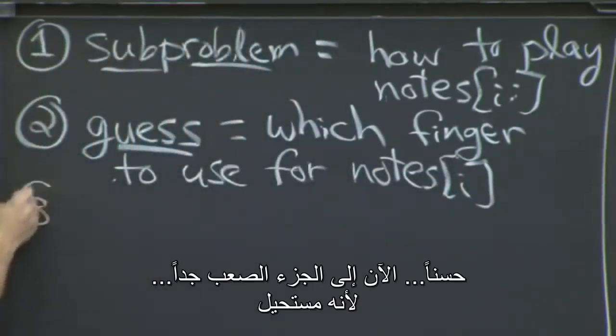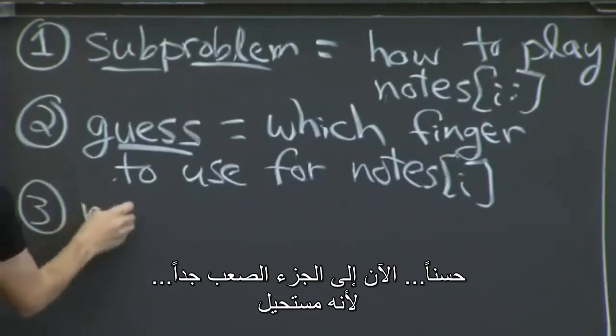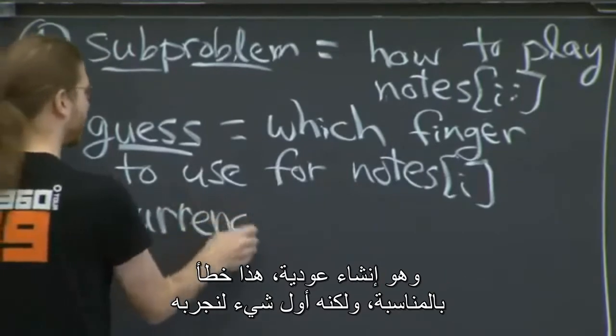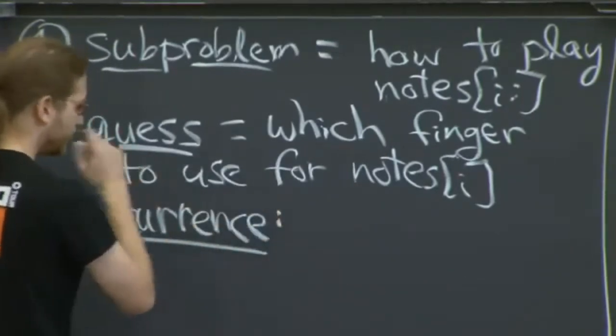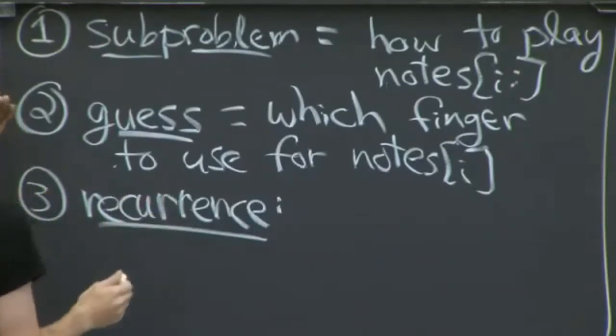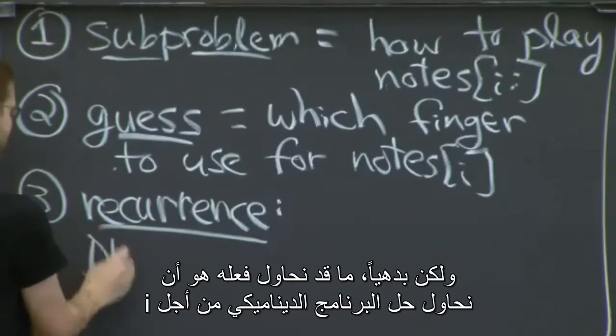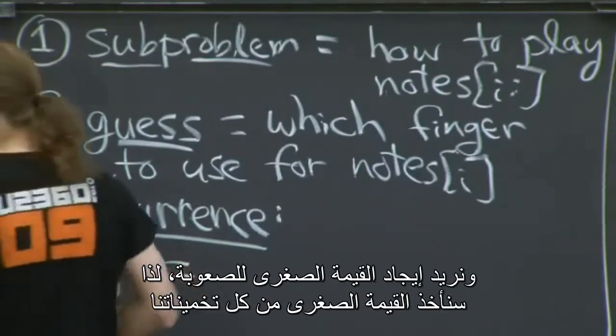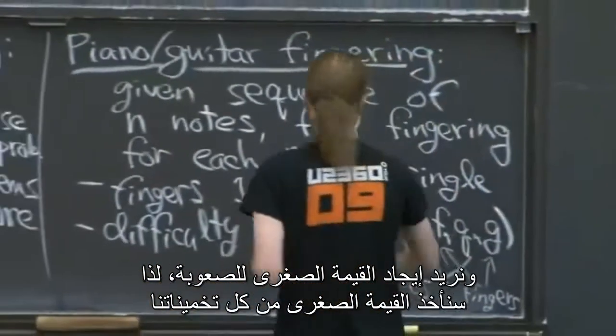Now the really hard part is to write a recurrence. This is wrong, by the way, but this is the first thing to try. Intuitively, we're trying to solve dp of i, and we want to minimize difficulty.